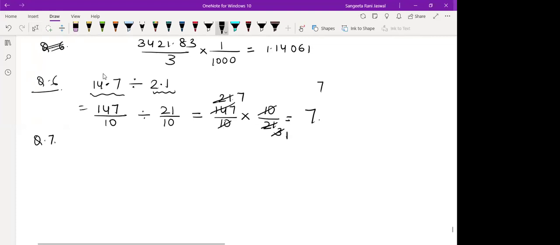Good. Okay, let's see another question like this: 1.296 divided by 0.108. Same way, change it to a fraction form, divide by, and change this number also to a fraction form.